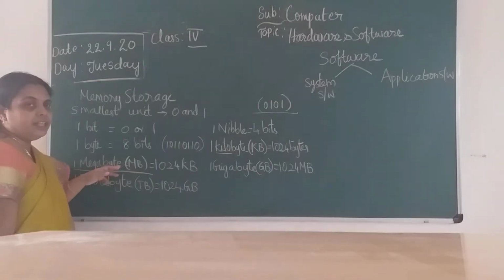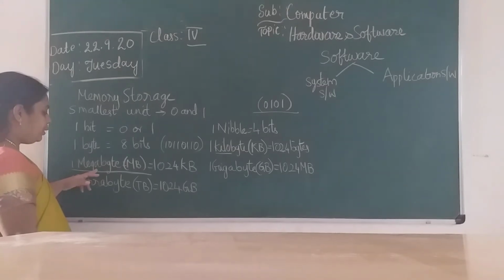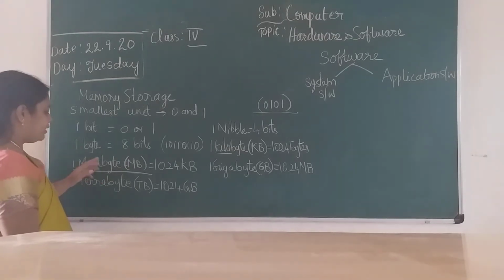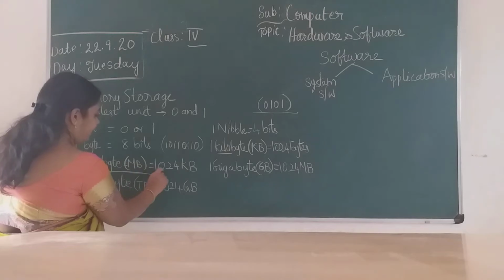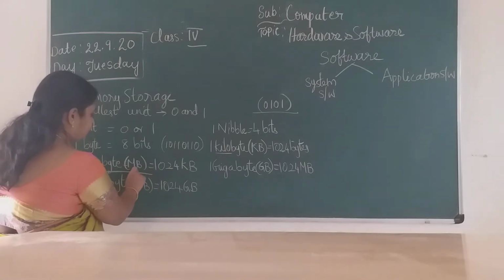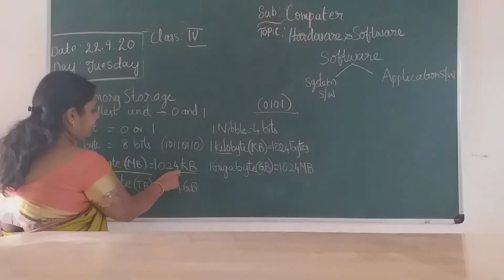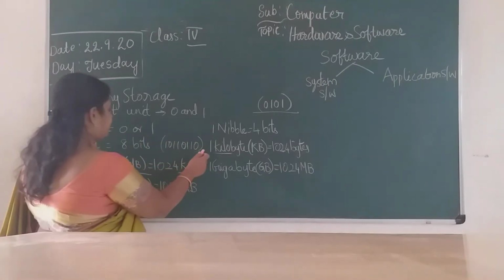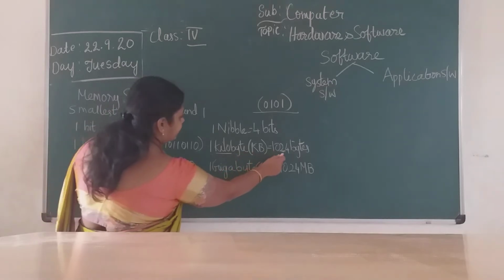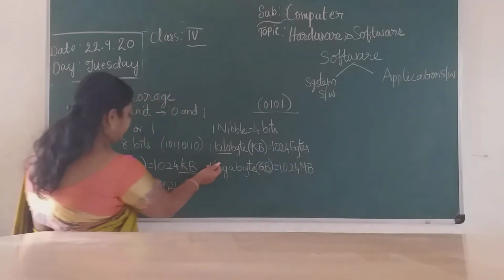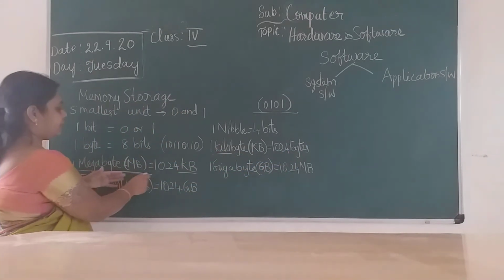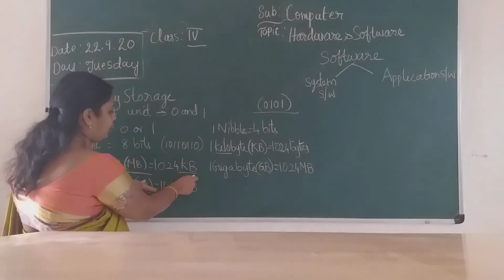So nowadays in your computer or your mobile you have this. Okay, megabyte. 1 megabyte, short form MB, is 1024 KB. So see, first we saw 1 kilobyte is equal to 1024 bytes. Then 1 megabyte is equal to 1024 kilobytes.